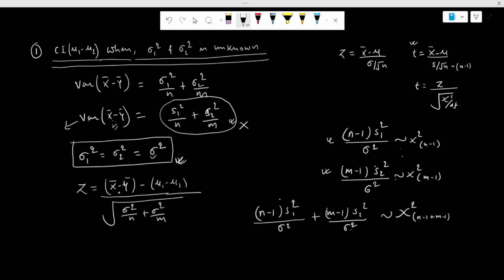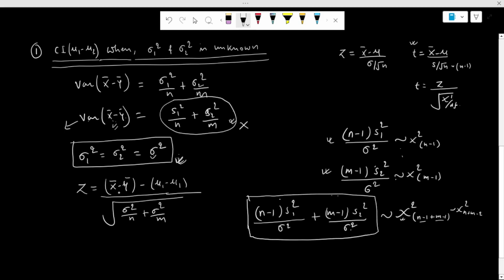Therefore, this has a chi-square distribution with n plus m-2 degrees of freedom. Now we know a chi-square distribution related to the variance of the first population and second population, and we know its degrees of freedom, which is n plus m-2.